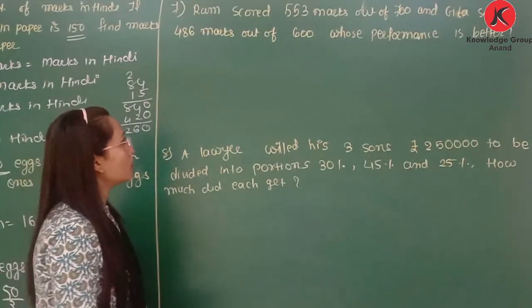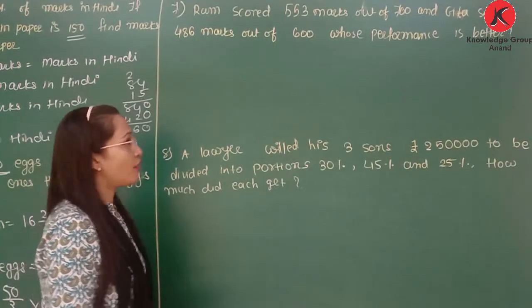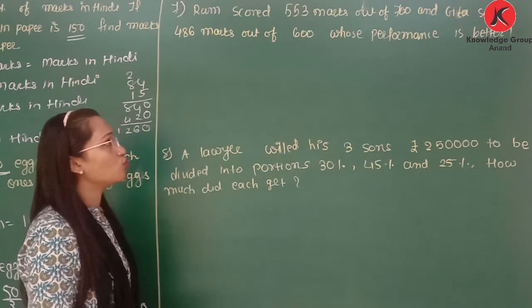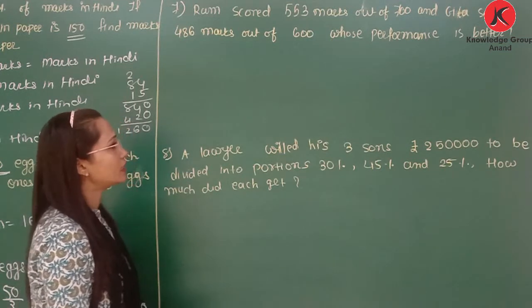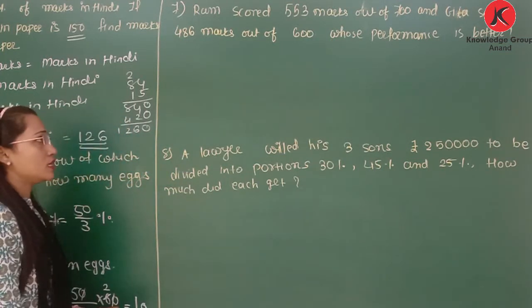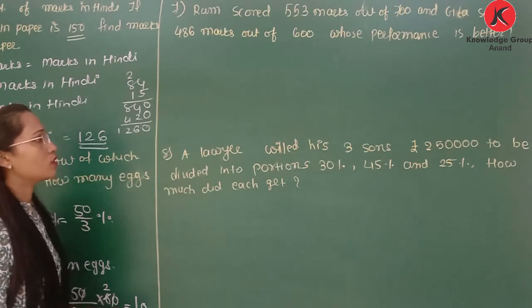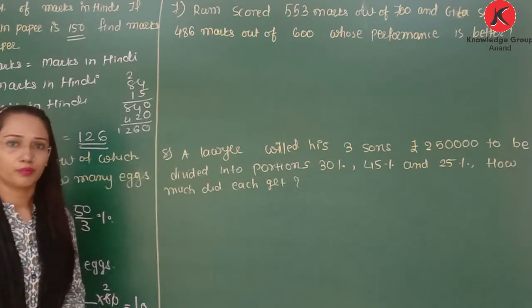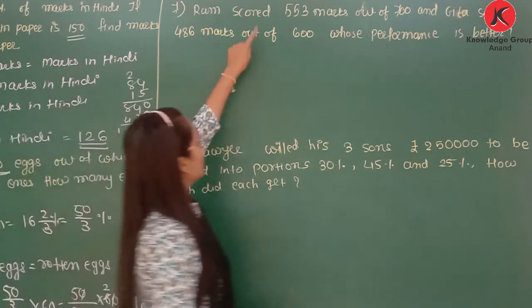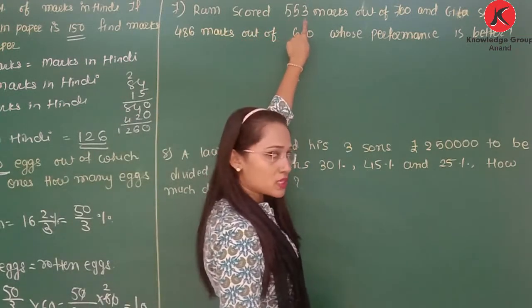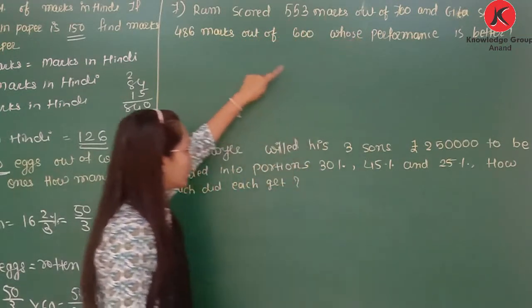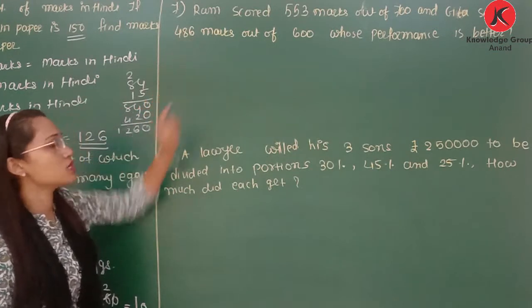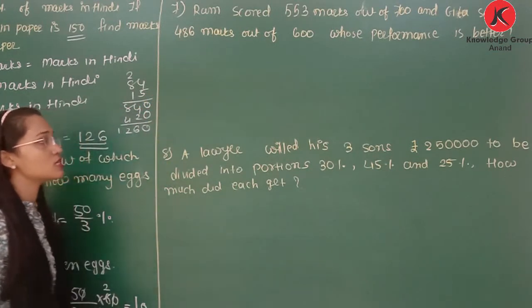Now next one. Ram scored 553 marks out of 700 and Geeta scored 486 marks out of 600. Whose performance is better? Here Ram got 553 marks from 700 and Geeta scored 486 from 600. So whose performance is better?